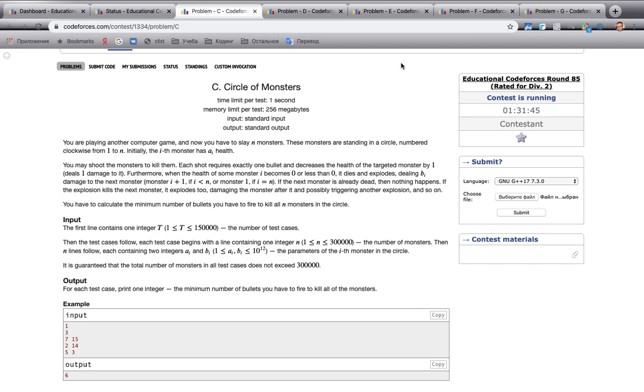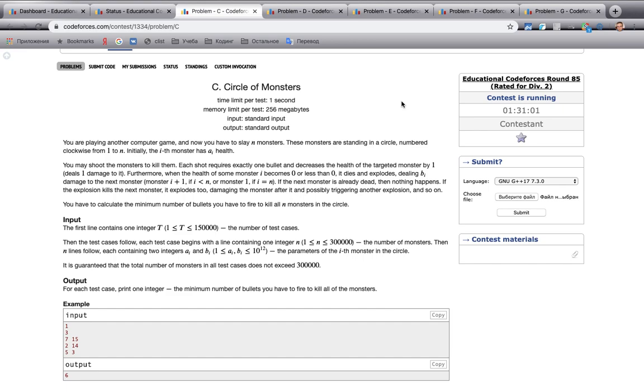But if it is bigger, then he won't die, and we have to incur more damage, and this amount of damage is his initial health minus the amount of damage the explosion of the previous monster does. We will have to do it, so let's do it right now in the beginning. So for all monsters that won't die from explosion of the previous one, let's do the damage.